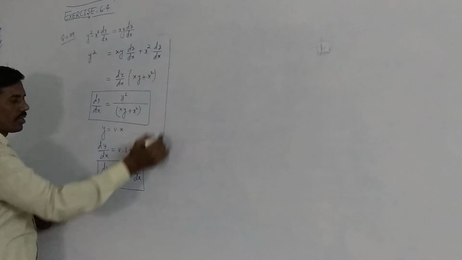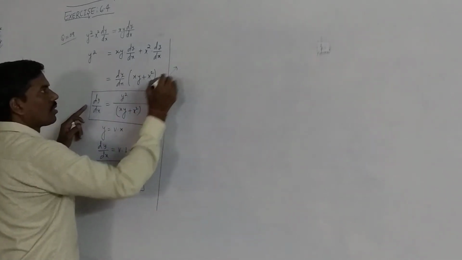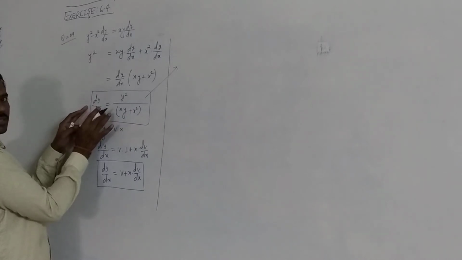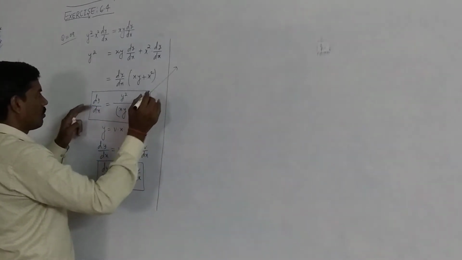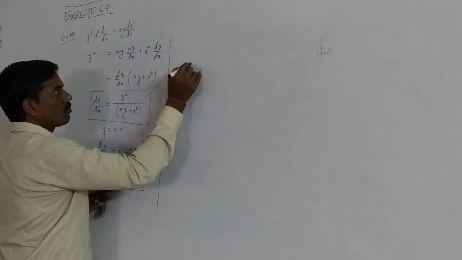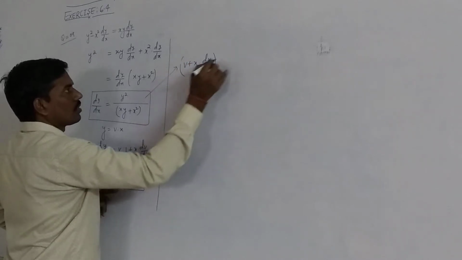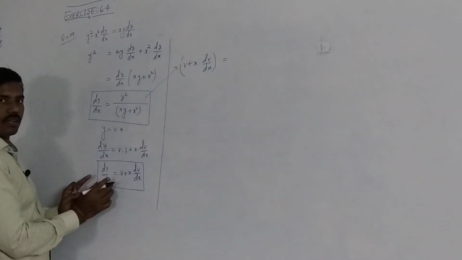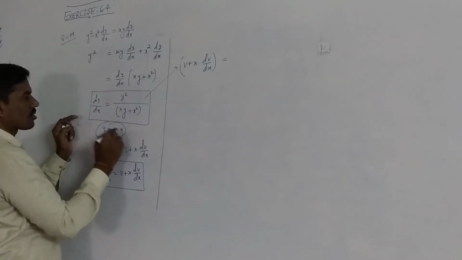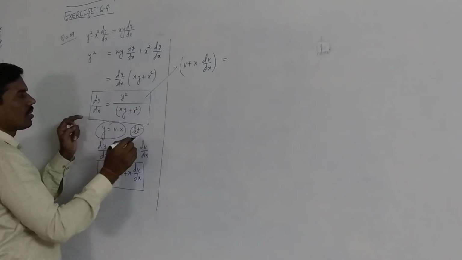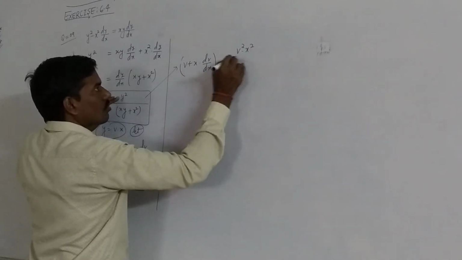Let us convert dy by dx in the form of dv by dx. Since dy by dx is equal to v plus x dv by dx, and y is equal to vx as assumed by us, y square is v square into x square.